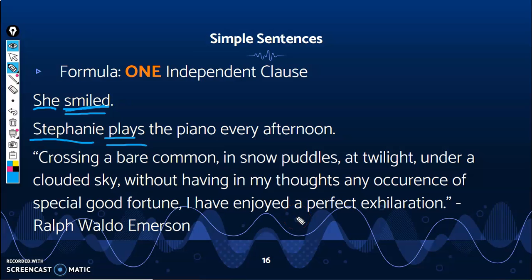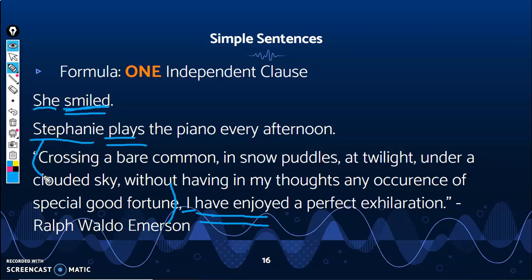Now, in our very first video, we talked about this idea of periodic sentences, where the subject and the verb come after the modifiers. These are usually simple sentences as well, because our subject and our verb phrase in this case is at the end. Everything that comes before it is modifiers.